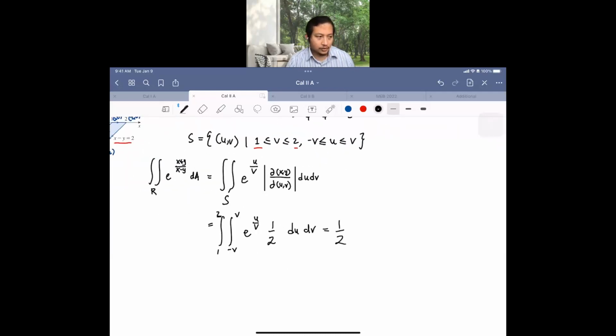Take half outside, and then integrate e to the u over v. This will be v, because the derivative gives 1 over v, so v times e to the u over v, from negative v to v, and then dv.